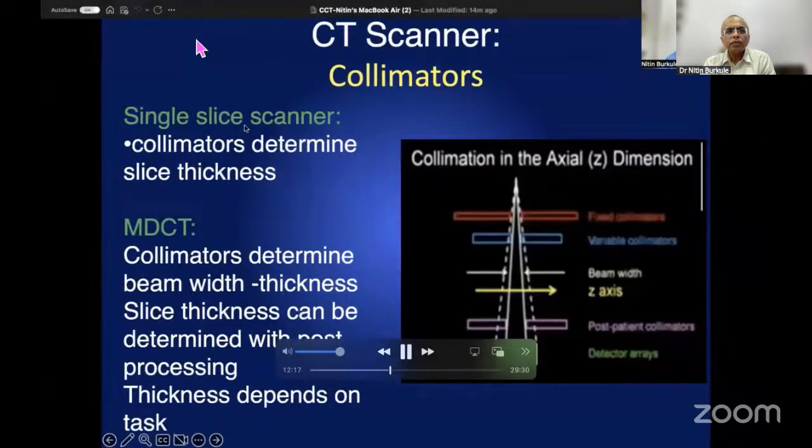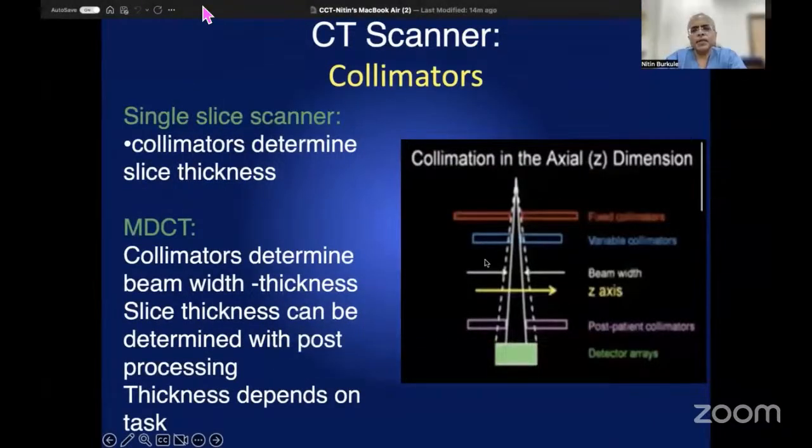When you had an old single slice scanner, how thick or thin the collimator aperture was used to define the slice thickness of your image. But in multi-detector CT, it just defines the thickness of the X-ray beam in the Z direction, that is head to foot direction. However, the thickness of the slice is determined by the number of detectors which lie in the Z axis.